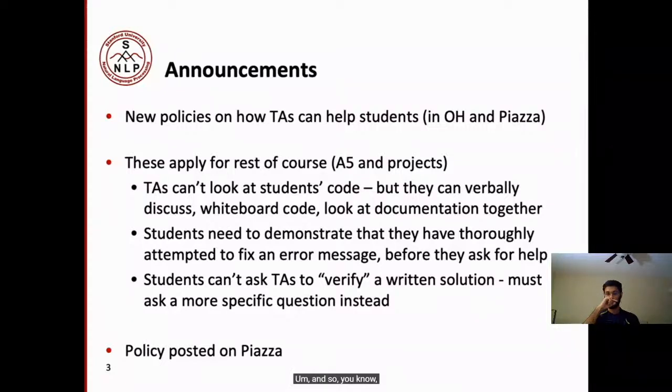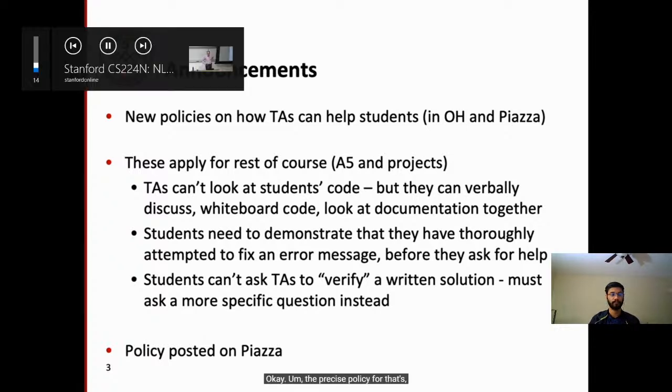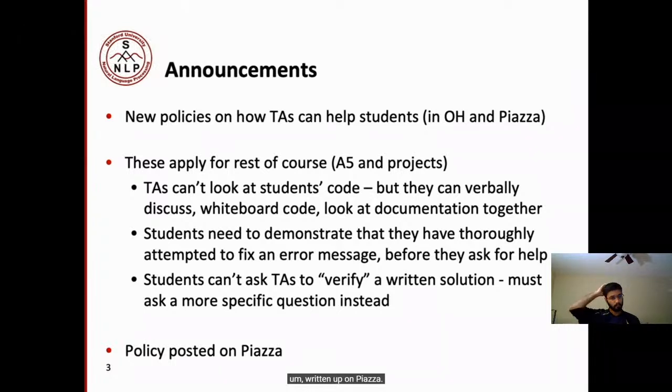Of course, we still want TAs to be helpful. Come to them with your problems. Talk about how you're meant to use different things in the PyTorch library, but you shouldn't be regarding it as the TA's job of, here's a big Python file, can you tell me what's wrong with it and fix it up for you? Okay, the precise policy for that's written up on Piazza.